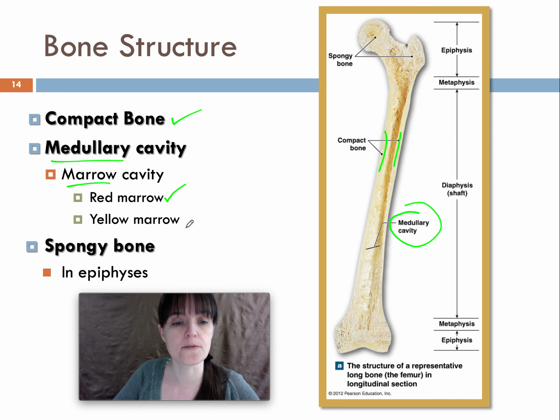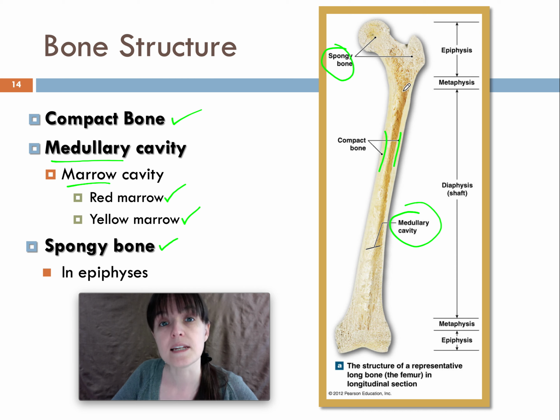And there are two kinds of marrow, as we mentioned in the first video: red marrow for red and white blood cell production, and yellow marrow for fat storage. And spongy bone is found in the epiphyses. So you can see here, it's an open network of struts and plates in the epiphyses. It's like along the stress lines and then cross-braced.